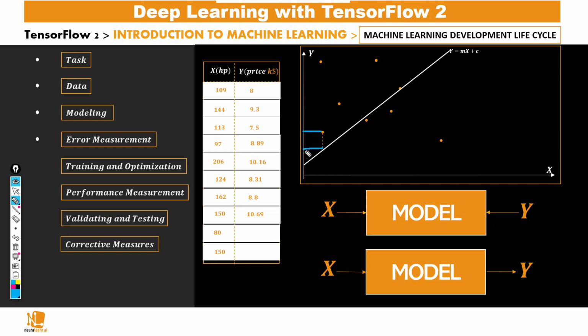So our model tells us that at this point on the x axis, we should have this output. This is our selling price according to the model. But then what we actually have is this. What comes from our data set, the actual selling price, is at this point.